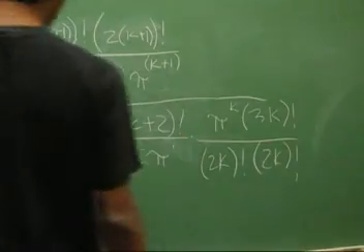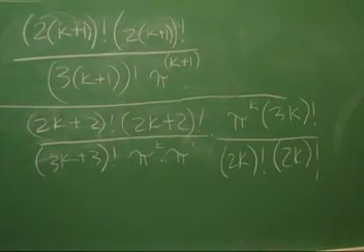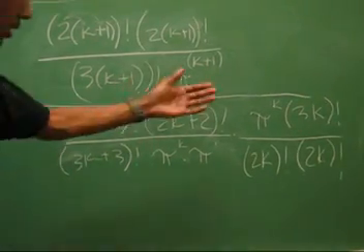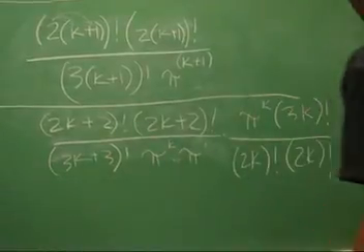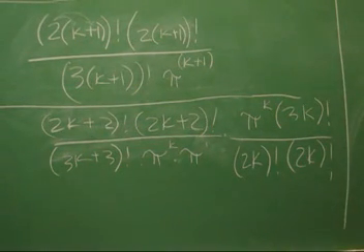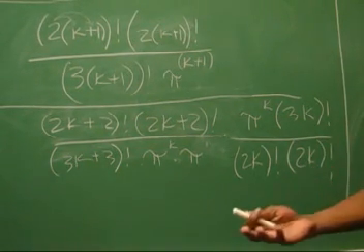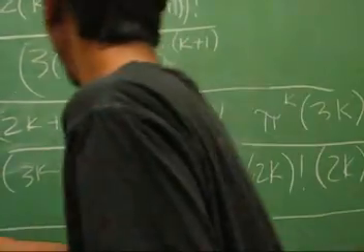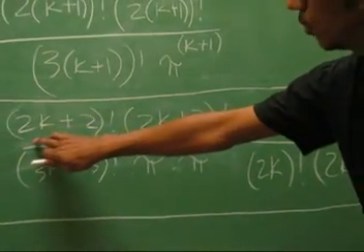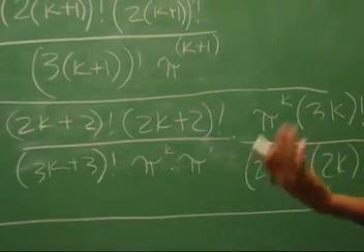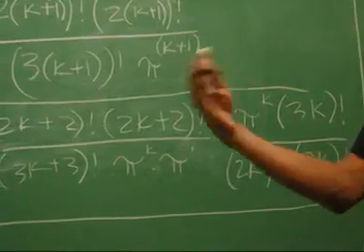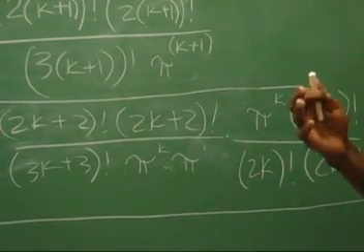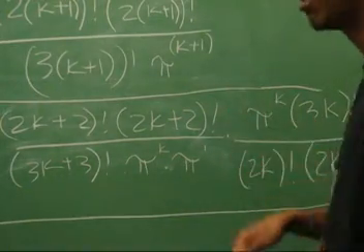Alright, now that we have this set up, let's start canceling stuff out. One of the bigger properties you have to understand about factorials is that a factorial multiplies and subtracts 1 each time. So n factorial is n times n minus 1 times n minus 2 times n minus 3.